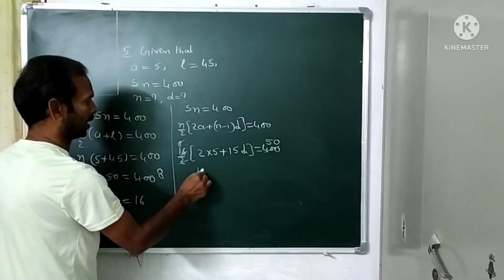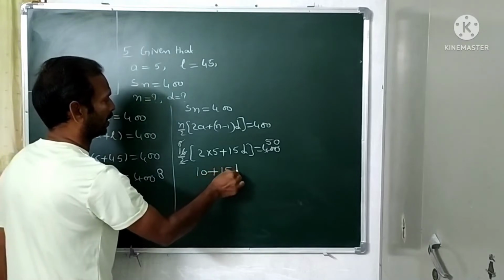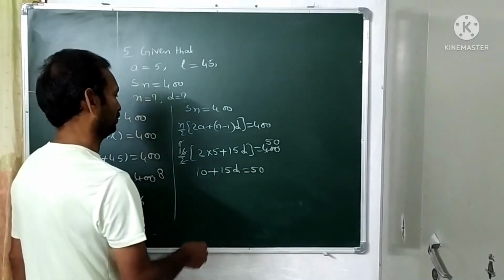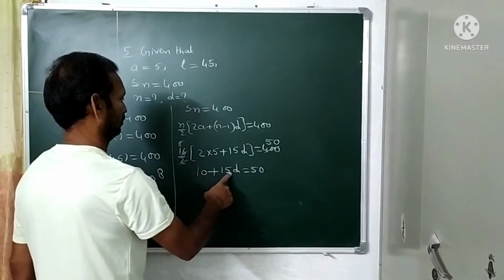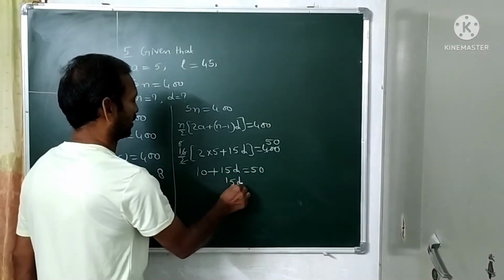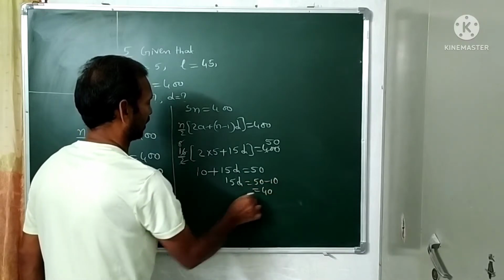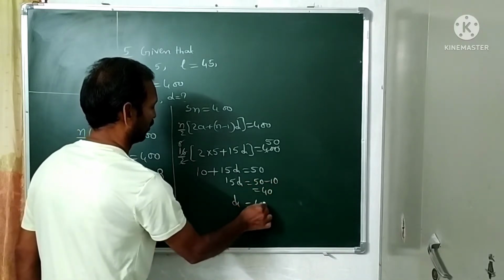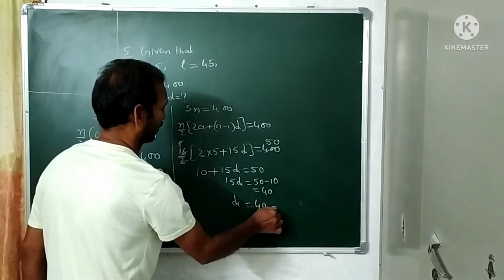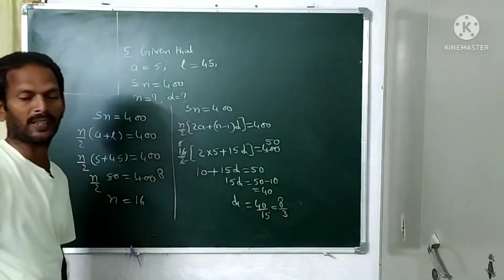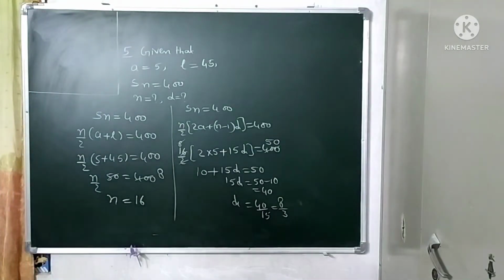So 2 times 5 is 10 plus 15d is equal to 50. 15d is equal to 50 minus 10 equals 40. d equals 40 by 15, that means 8 by 3. In this way you have to calculate both the answers.